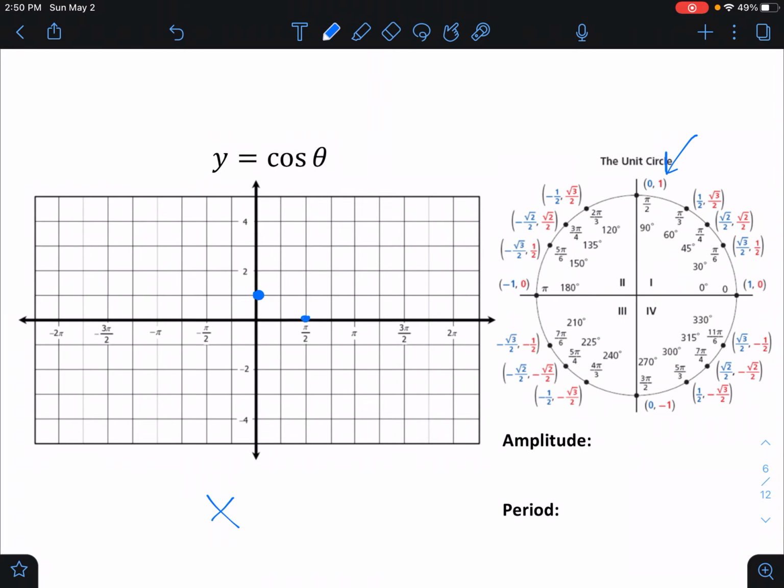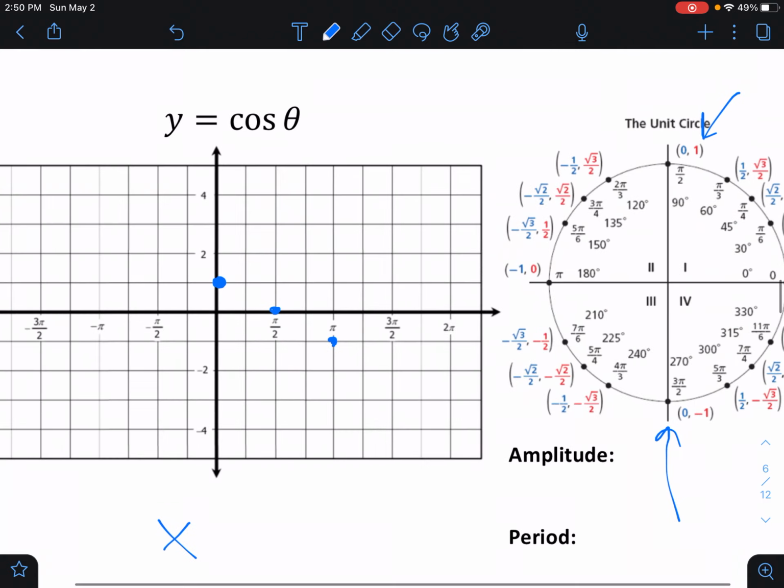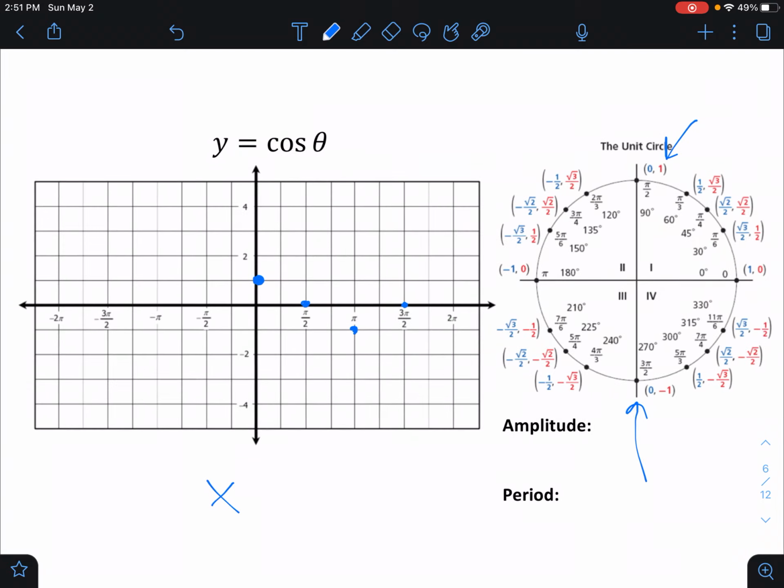And then if we go to pi, we're at negative 1. Three pi over 2, we're back to 0. And then 2 pi here, that would be at 1.